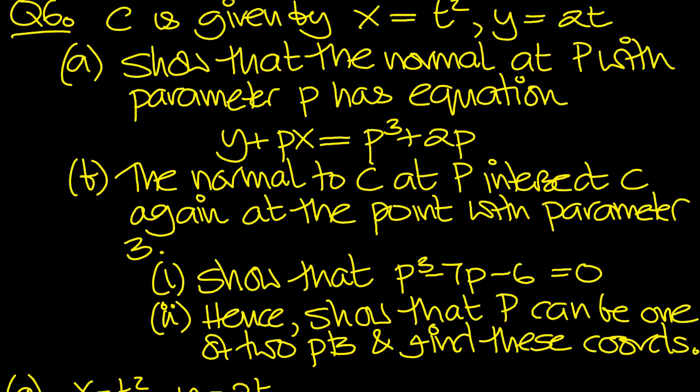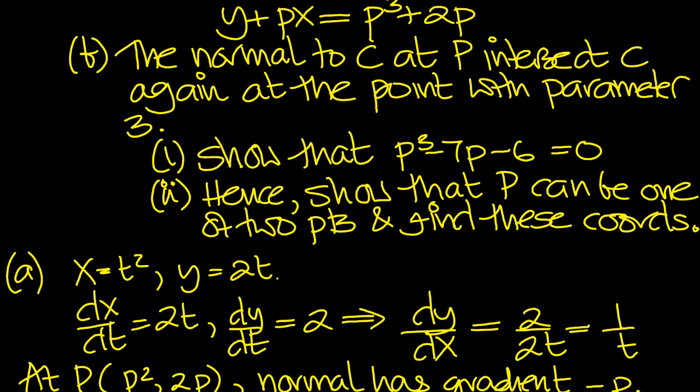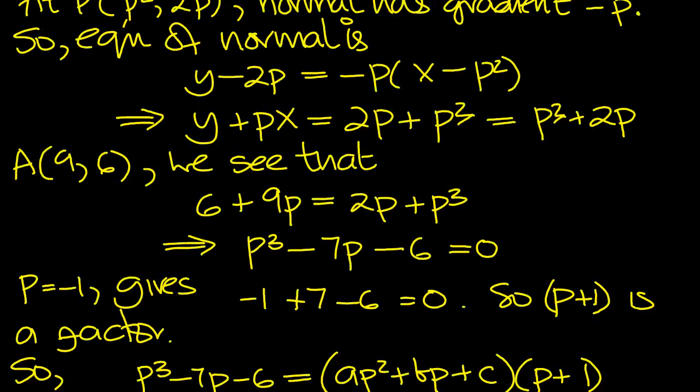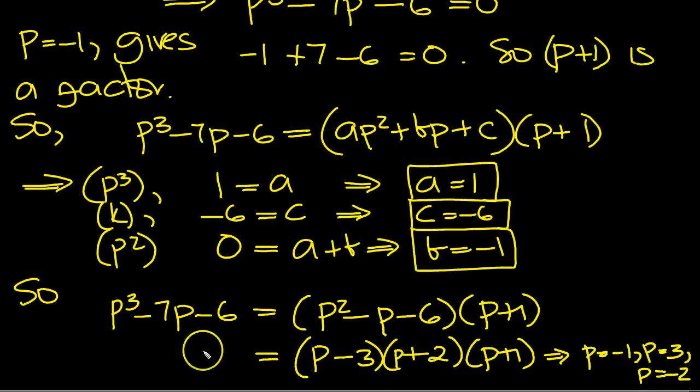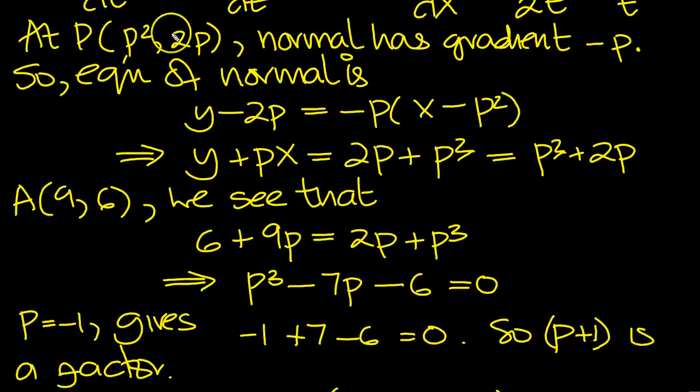Hence show that p can be one of 2 points and find these coordinates. Let's have a look at the points then. So p equals minus 1. Our coordinates are p squared and 2p, aren't they?